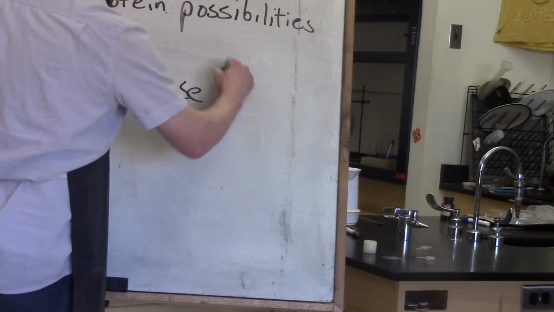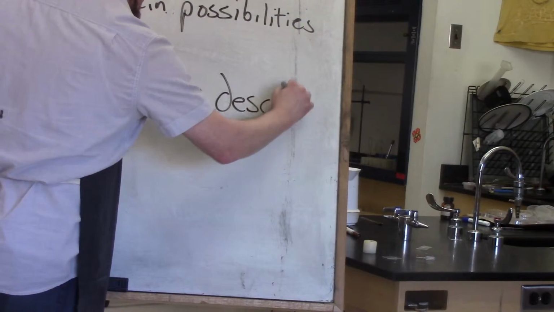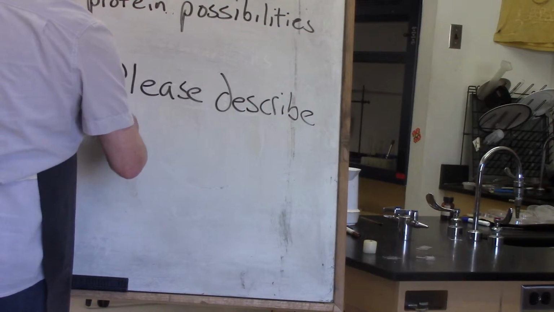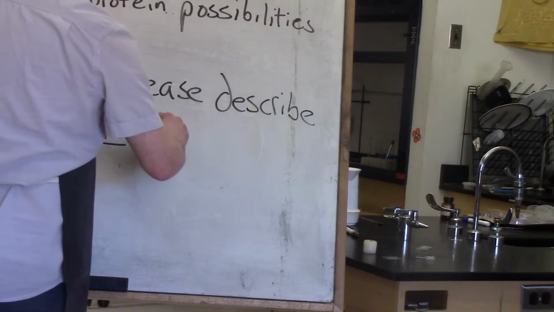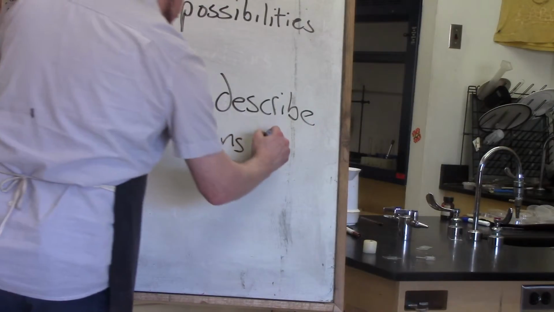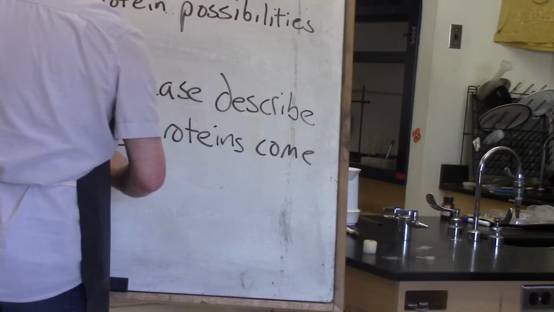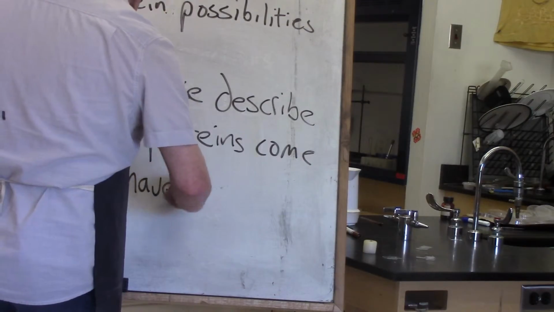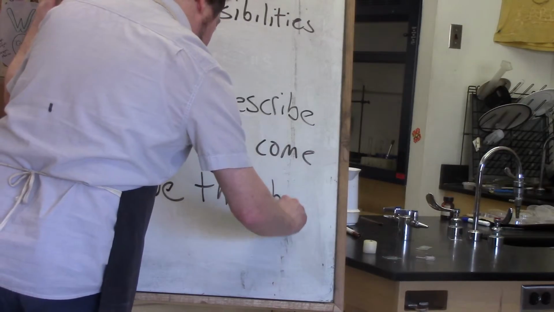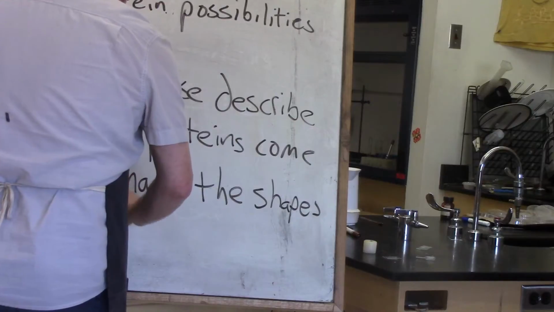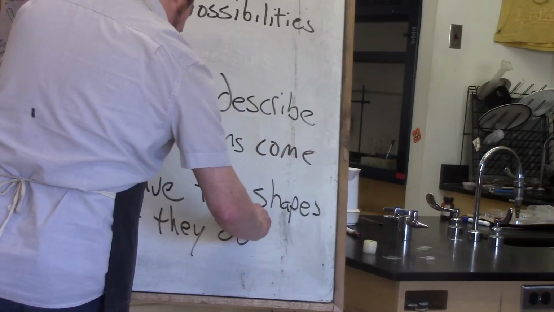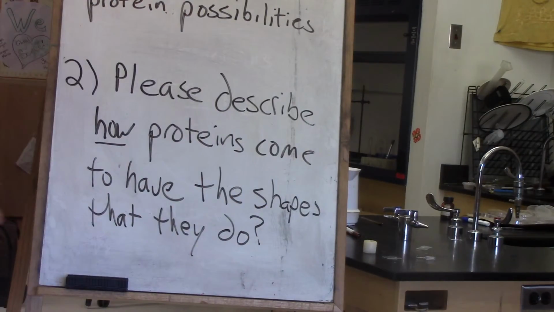Please describe how proteins come to have the shapes that they do. What are the individual building blocks called? Amino acids, yes.